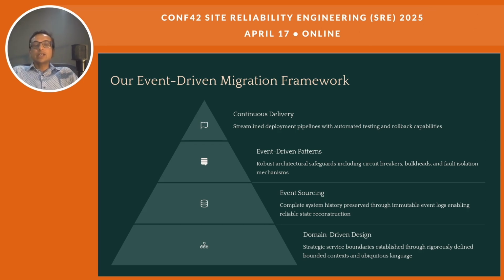Next is our continuous delivery. Continuous delivery is essential for resilience, reducing time to market for updates. Automated testing serves as the foundation of safe deployments, ensuring high code quality and catching issues early in the development cycle.